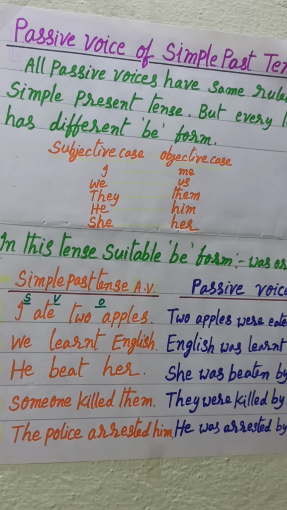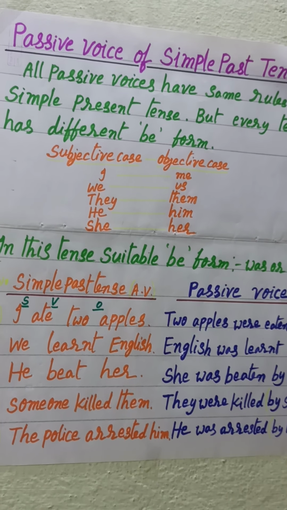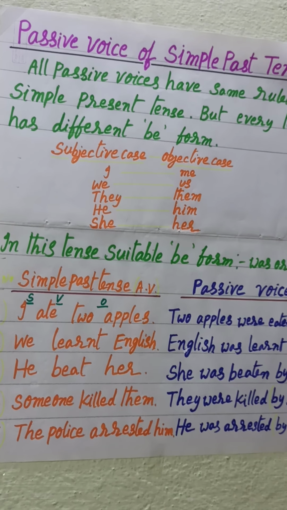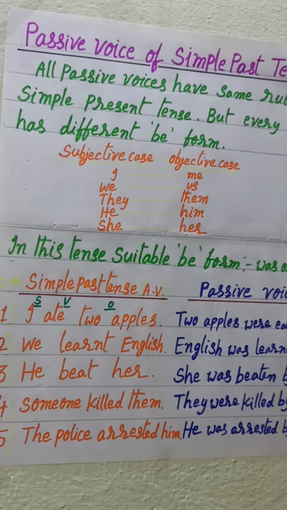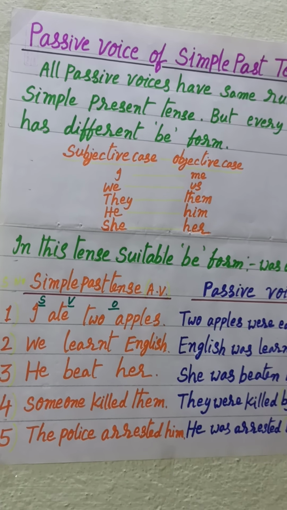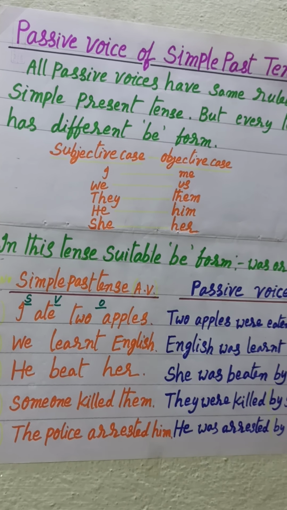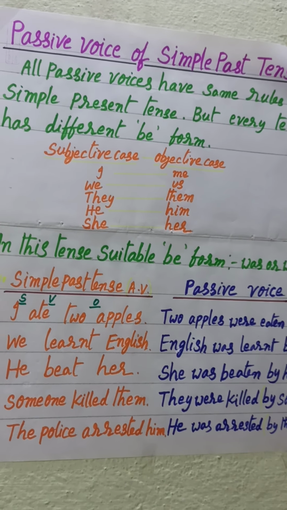That is because we don't know the subject in the fourth, and we already know the subject in the fifth. So we need not write or speak about the subject.